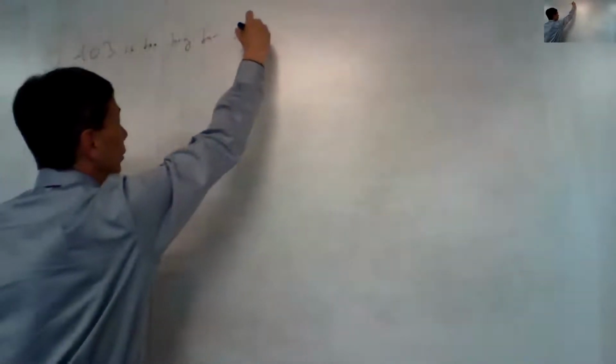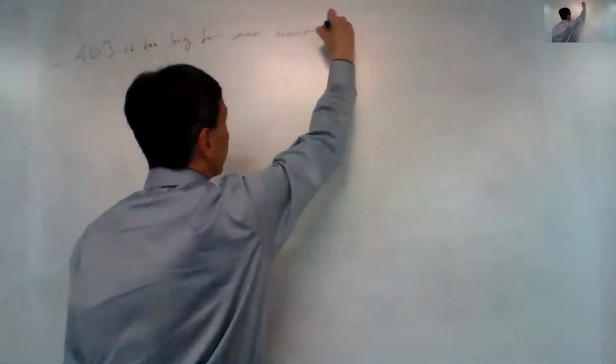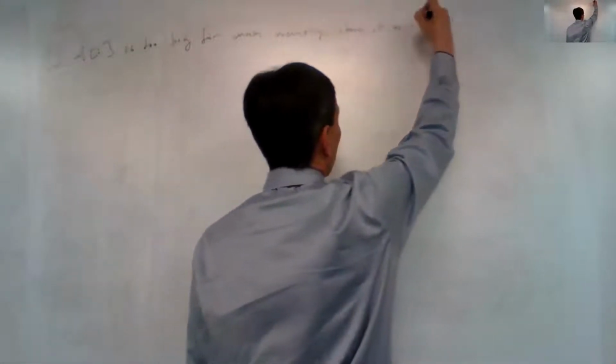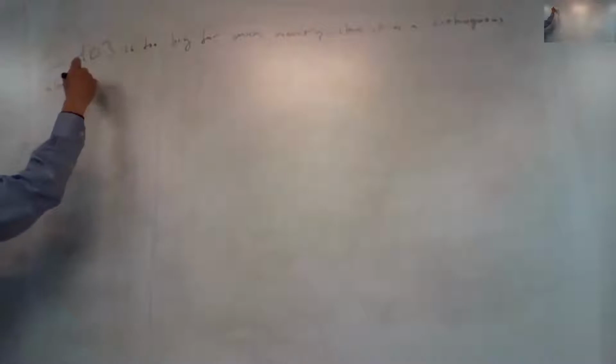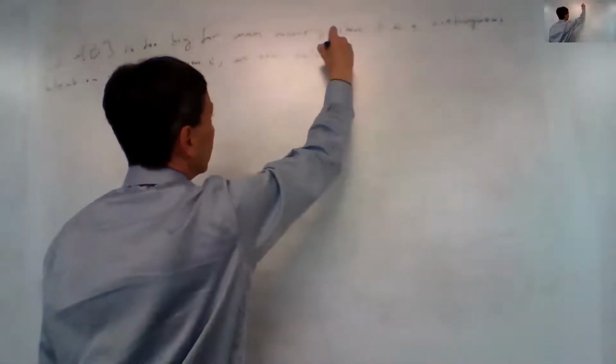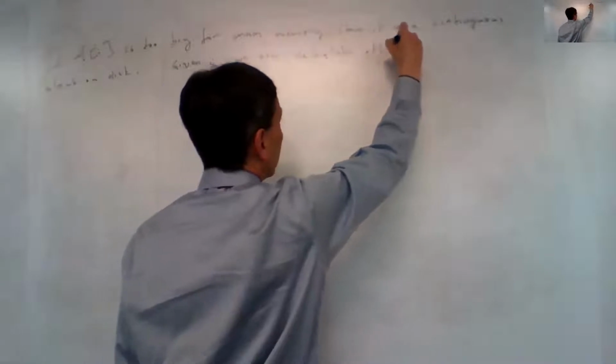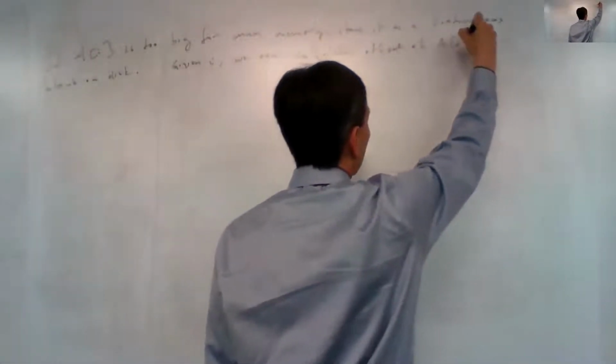Okay? So if A sub i is too big for main memory, we store it as a contiguous block on disk, which is exactly how you would store any array on disk. And given i, we can calculate the offset of A sub i from the front of the file.